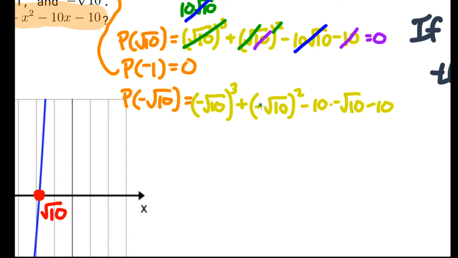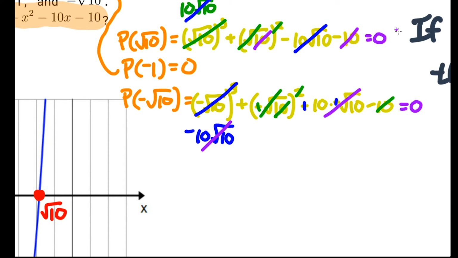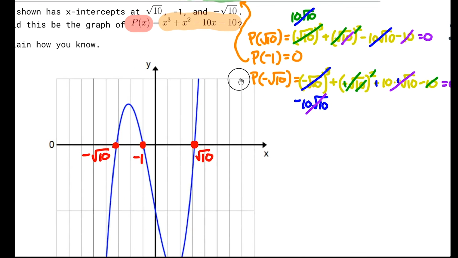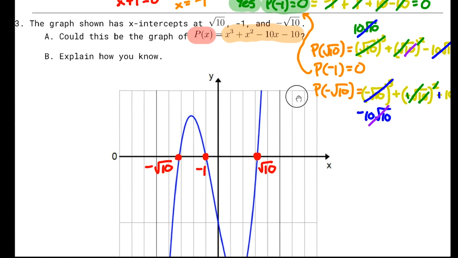This is going to end up being positive because of the squared, and the 10 minus 10 will cancel here. Now this negative root 10 times negative root 10 times negative root 10 is just going to be negative 10 root 10. And this one is going to be plus, so you have positive 10 root 10 and negative 10 root 10. These two cancel as well, and you end up with 0 for that one. So it does look like the x-intercepts all match up with what the graph is showing.